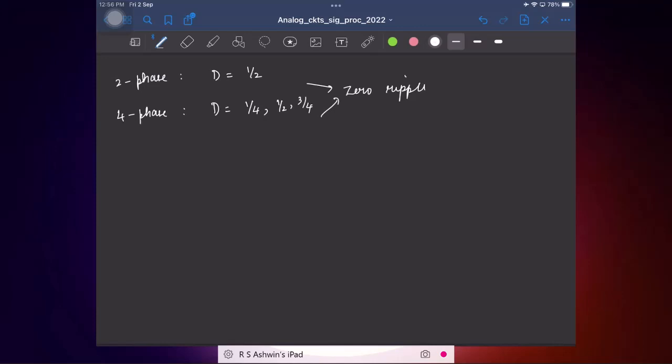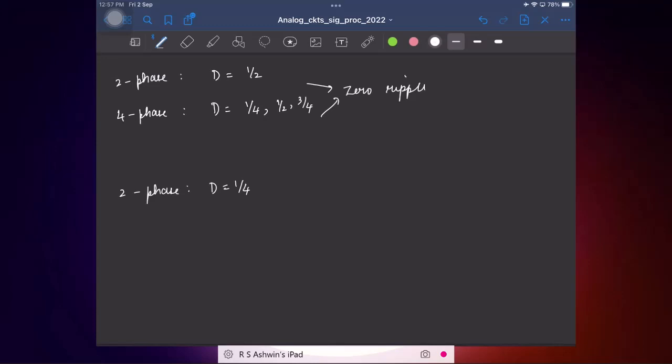And let us say if you take a 2-phase buck converter, but your duty cycle was 1/4, you will notice that the ripple will not completely get cancelled, right? But of course it will be smaller, right? That's what you expect from the N-path operation, right?